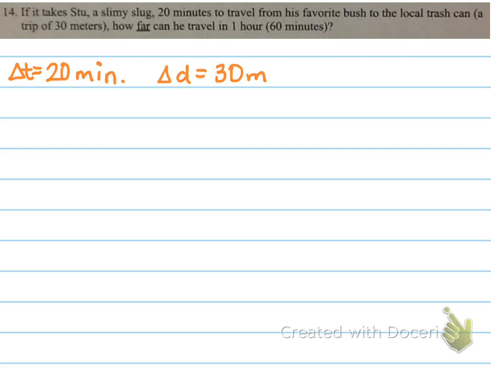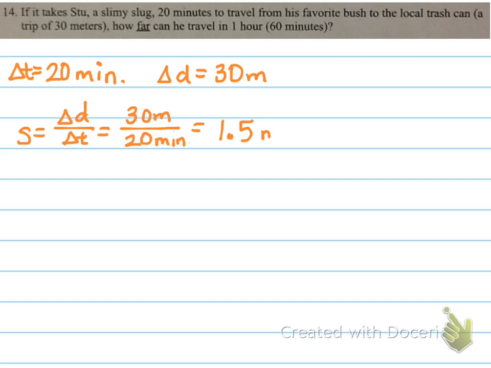How far can he travel in 1 hour, 60 minutes? Well, first we have to figure out what his speed is. So to figure out his speed is his change in distance over his change in time. So he can go 30 meters in 20 minutes. 30 divided by 20 is 1.5 meters per minute.